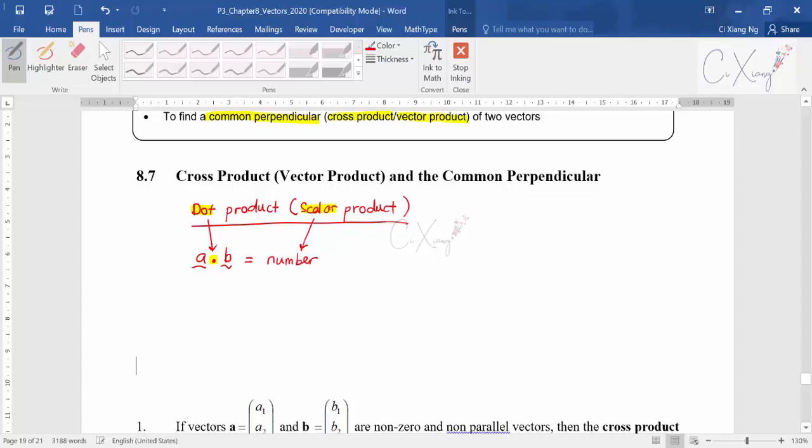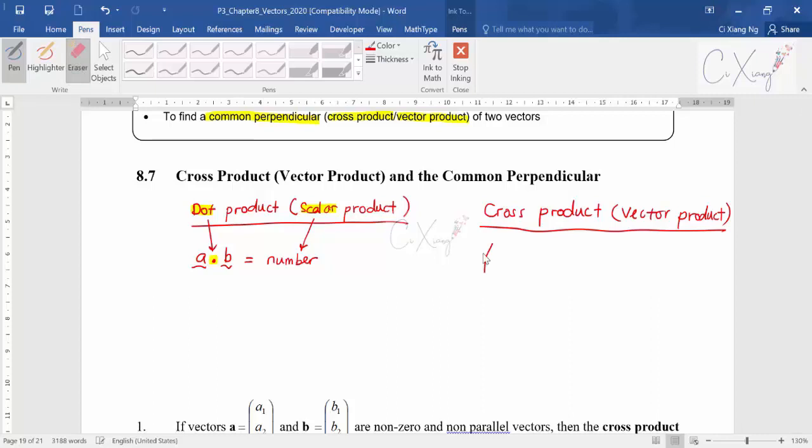Very similar to what we learned before. Today, we are going to learn the cross product, or what we also call the vector product. You can have a guess already according to what we learned before. How do we carry out a cross product? It will be something like A cross B. The word cross product comes from the cross symbol.